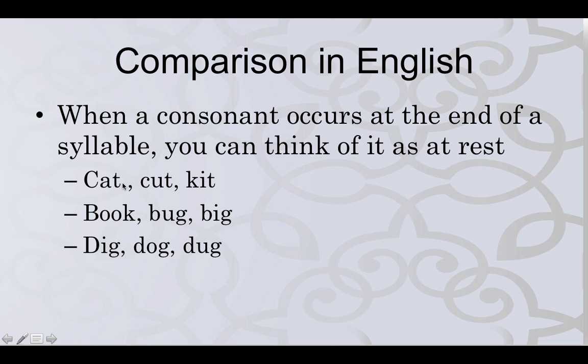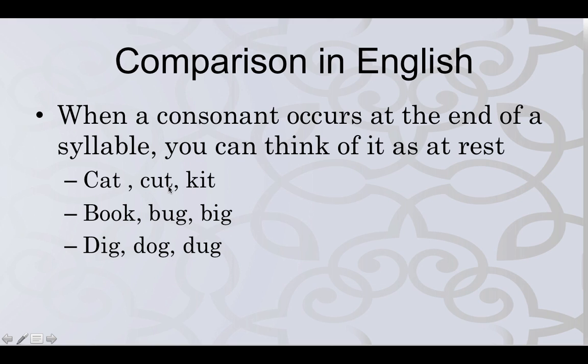But because this T has no movement or vowel at the end, you can think of it as at rest. You just say cat, sounding out the T at the end. You don't say kata, katu, kati. Why? Because there is no vowel at the end.